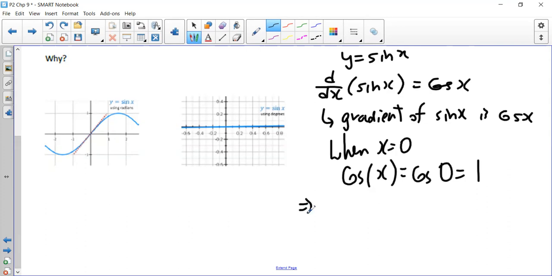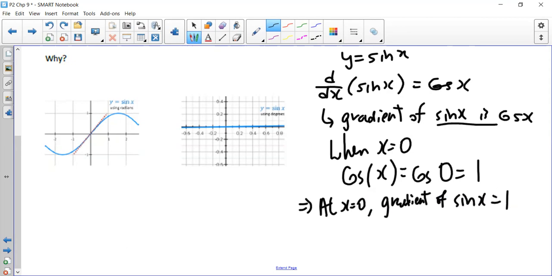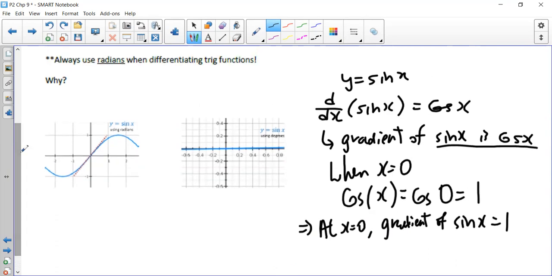What it means is that at the point x equals 0, the gradient of sine x is 1, because the gradient of sine x is cos x, and cos 0 is 1. Now, if we compare the graphs left-hand side and right-hand side here, this graph is in radians, and this graph is in degrees.